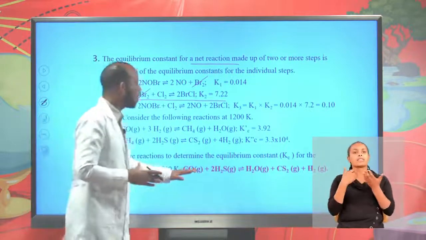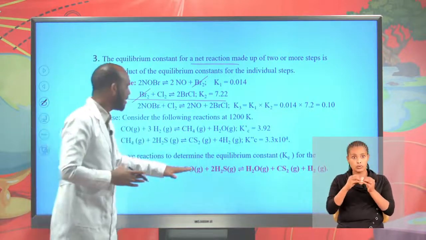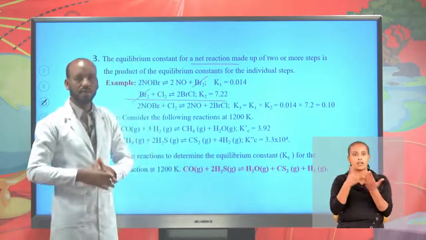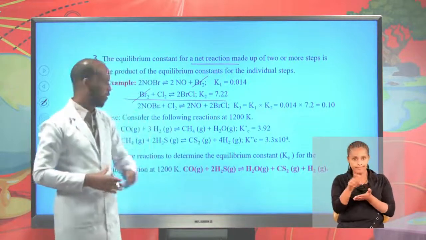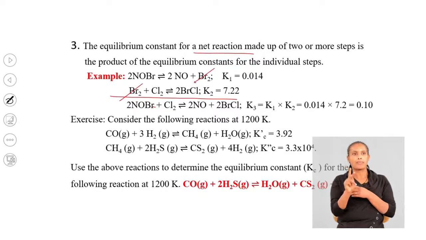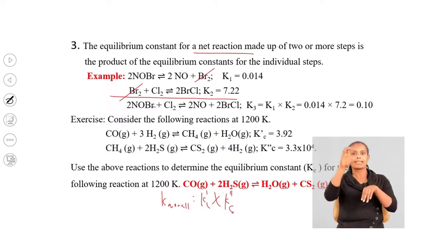Now this is the overall reaction. These two reactions add up to give this overall reaction. Now what is the overall K for this reaction? K overall equals K prime C times K double prime C, because these two reactions add up to give this overall reaction.